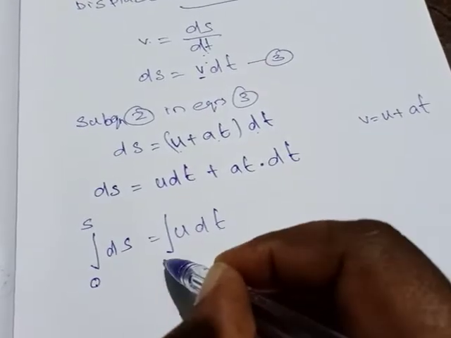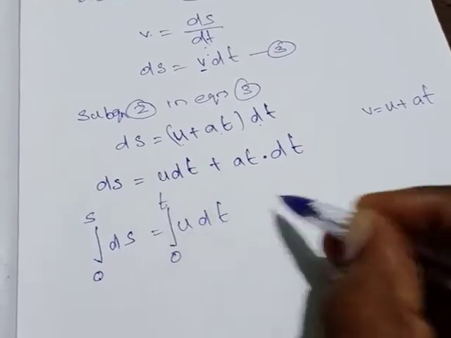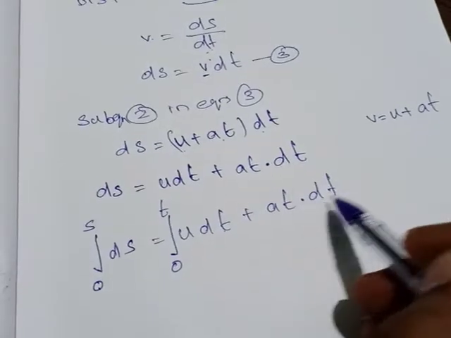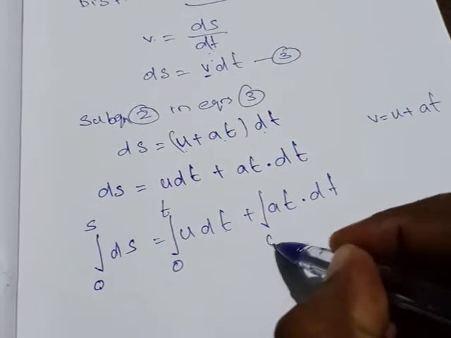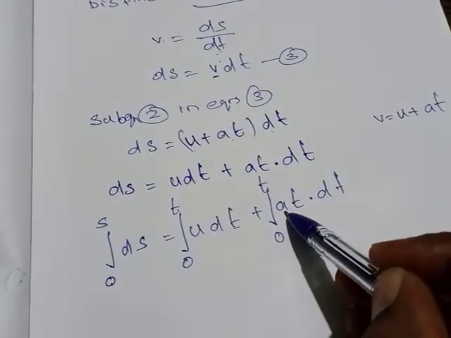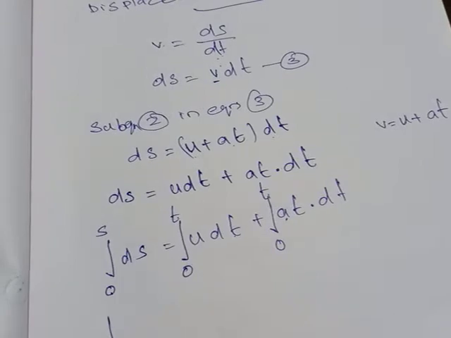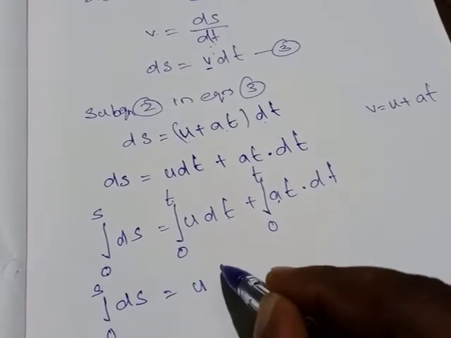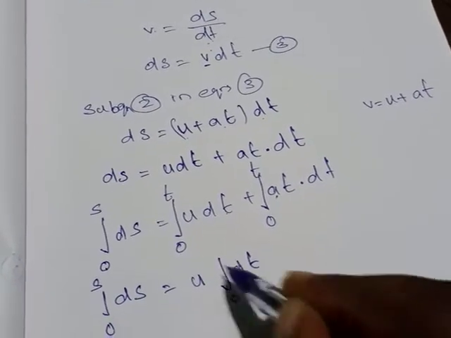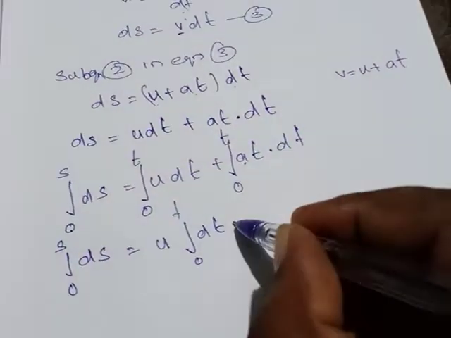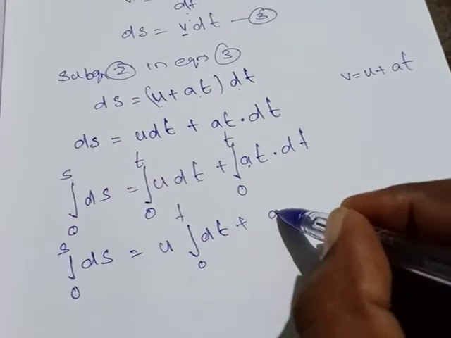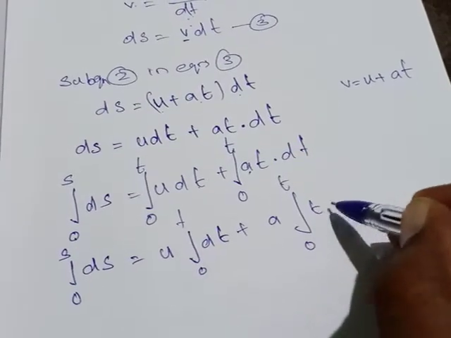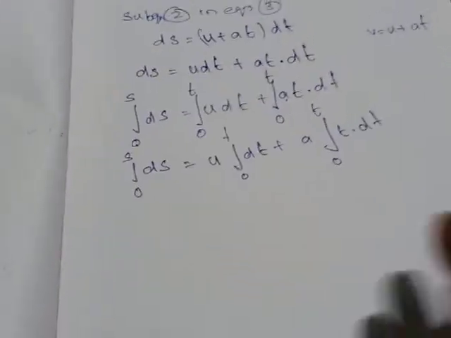So dt limit is 0 to t, plus at into dt. Here only t is integrating, so put again 0 to t limit. A is constant. So next step, take the constant outside. U is constant taken outside, so no need to integrate that. Plus here a is constant taking outside, no need to integrate. Okay, t dt.